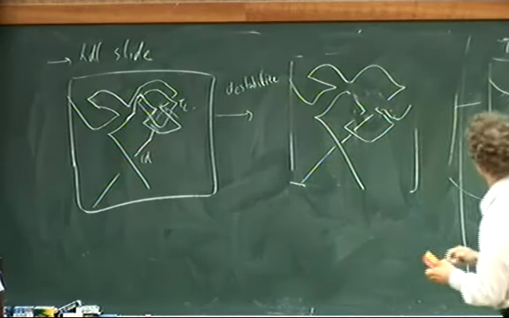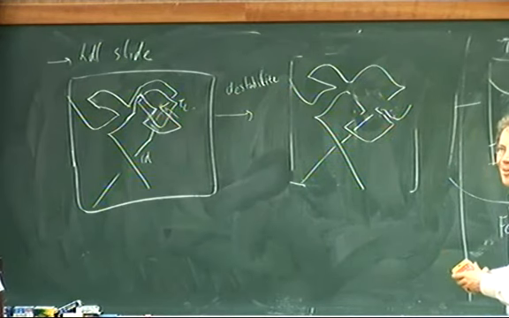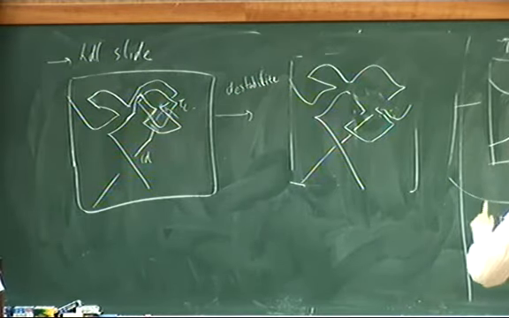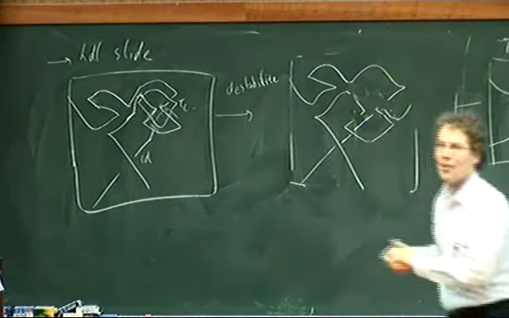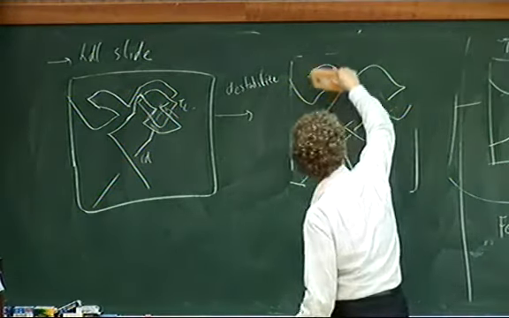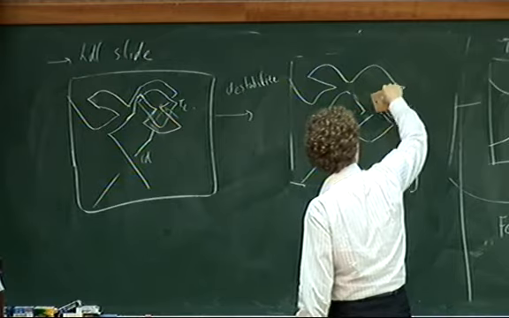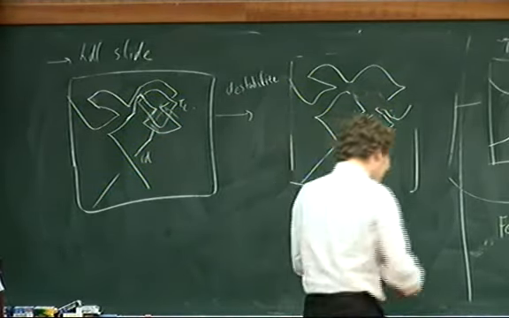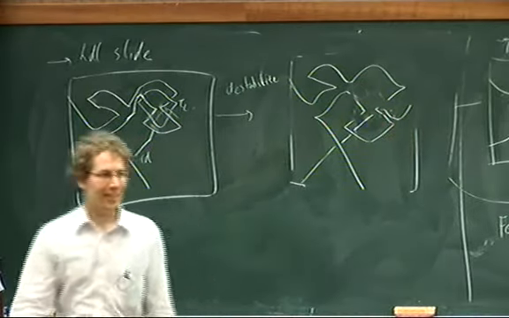Wait. What do I do wrong? Did it change the crossing? I'm now confused. Which is overcrossing? Oh yes, okay. So this one is that. No, I didn't do it right. We believe you?